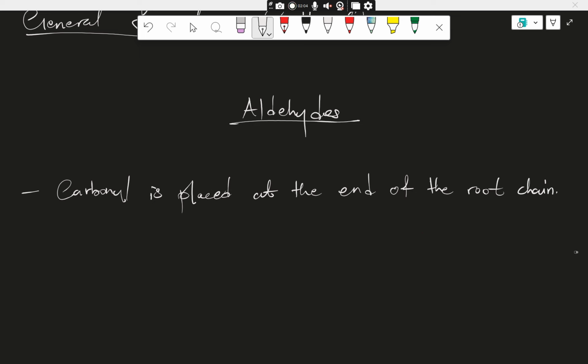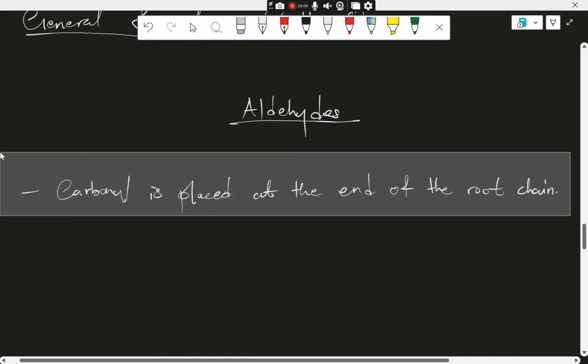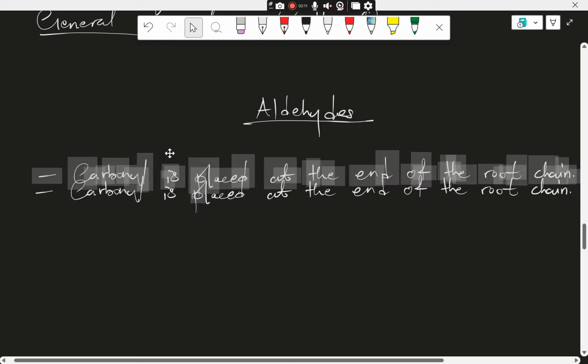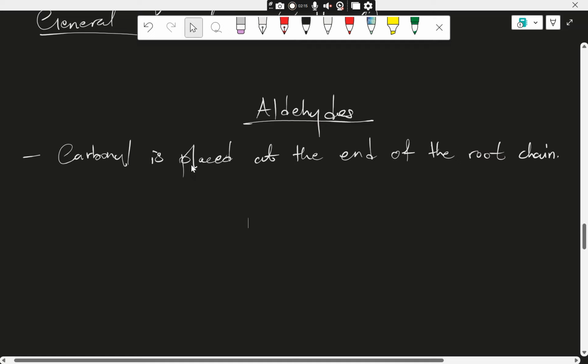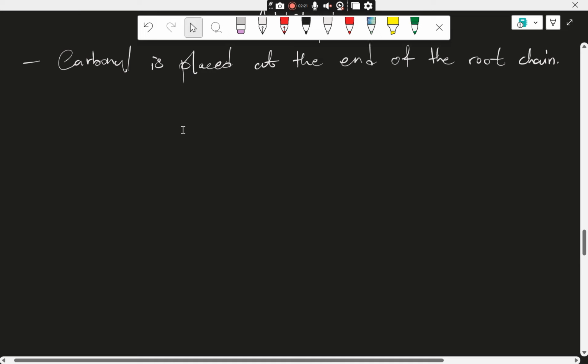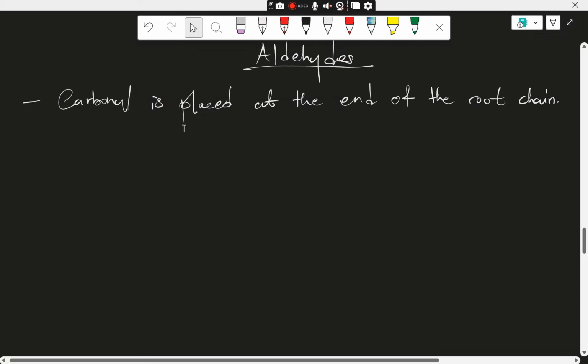That means the group is bonded to the terminal carbon atom, right? So that's what it means.